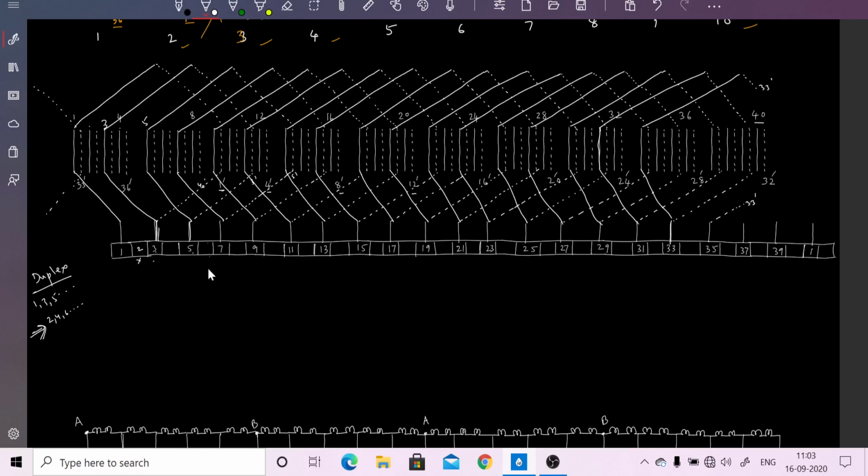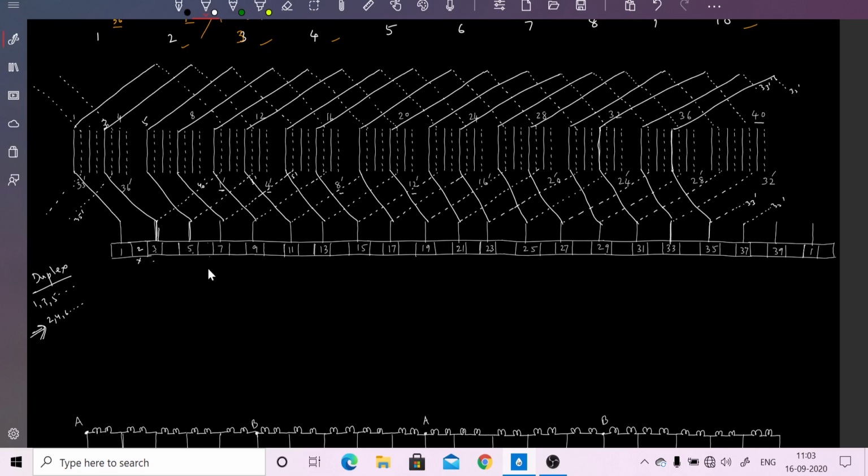Now 35 is this one, so I connect to 35, then this is 33 and this is 35 dash. 35 dash is again at the beginning, so this will go to 35 dash. So 35 will be connected to 37.